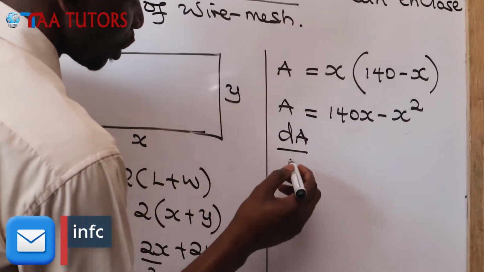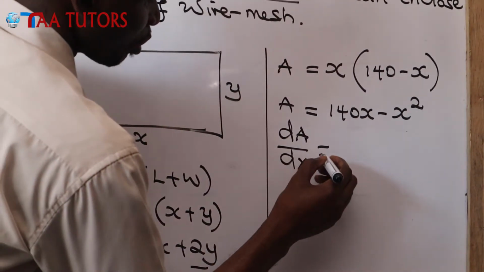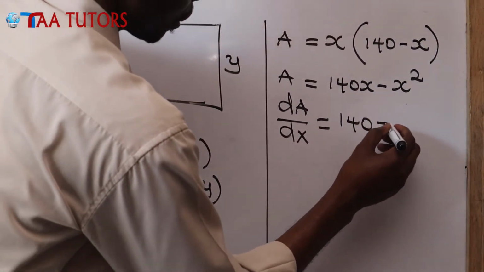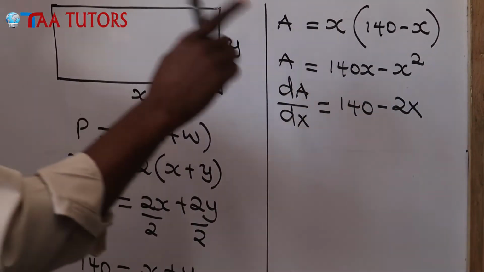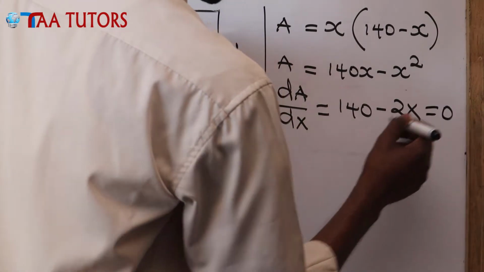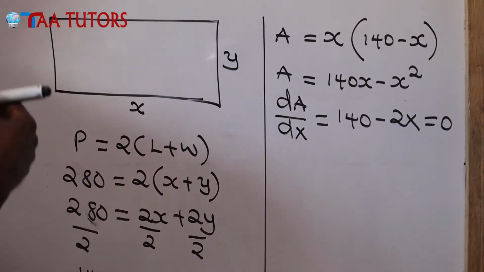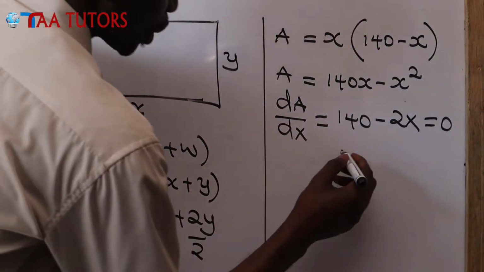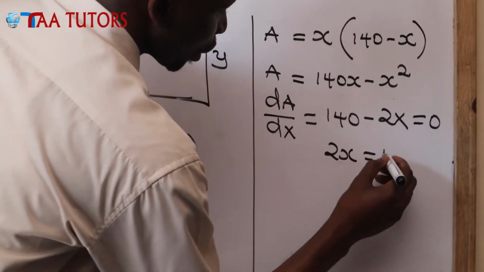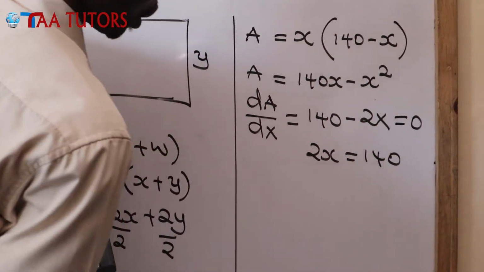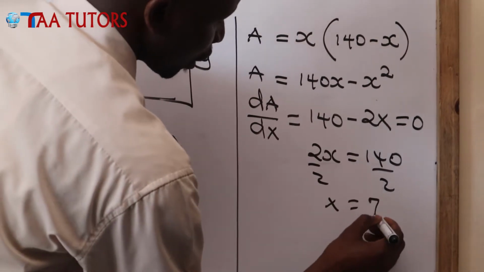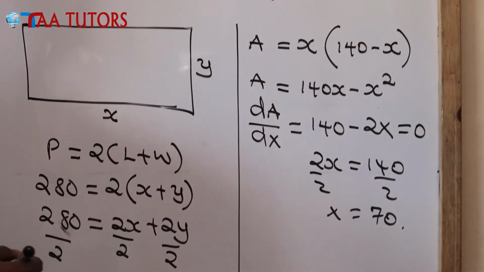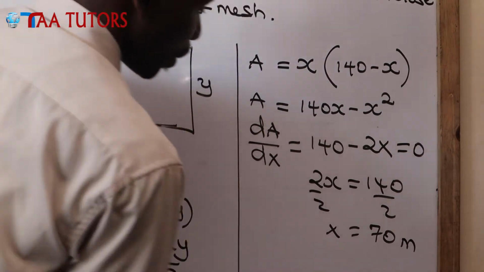So dA/dx here will be 140 minus 2x. And this 140 minus 2x should be equal to 0 at a turning point, meaning either a minimum or a maximum turning point. So 2x equals 140, and over 2, x is 70. This 70 meters is the value of our length.